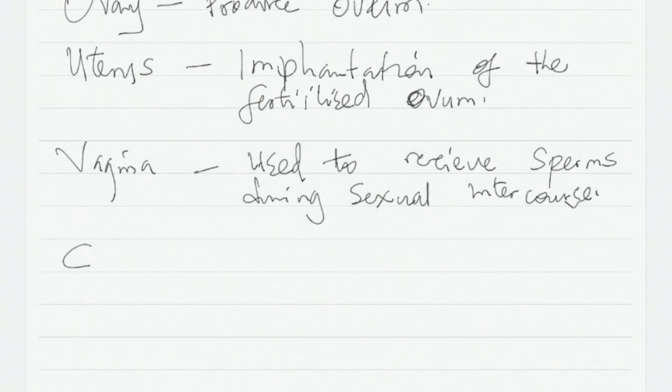During sexual intercourse, the vagina is used to receive sperms. Then we also have another part, which is the cervix.